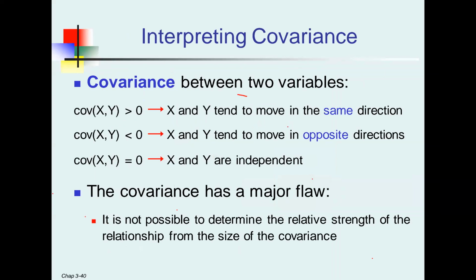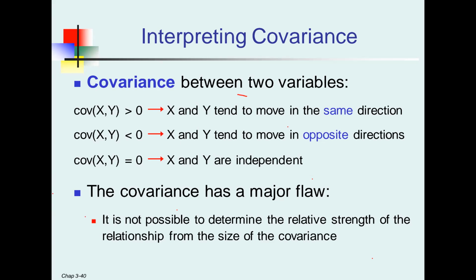How do you interpret the covariance? If you find that the covariance is greater than 0, which means it's positive, it means that the two variables tend to move in the same direction, which means there is a positive relationship. Which means that if this variable increases, the other one does what? Increase, right? But if the covariance is less than 0, which means it's negative, it means that these two variables, x and y, move in opposite directions.